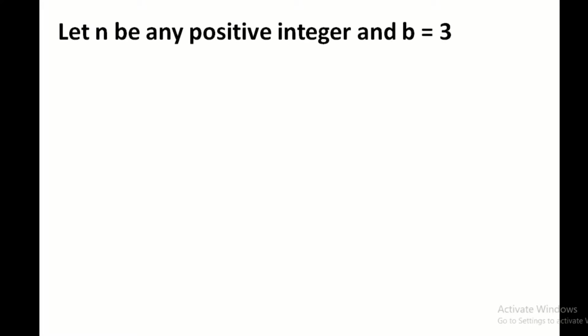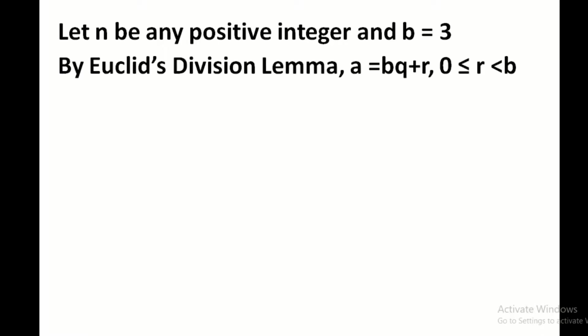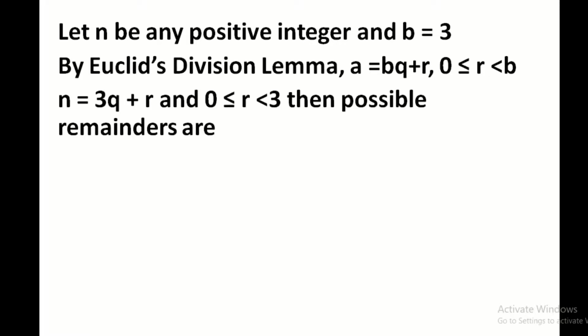Let n be any positive integer and b is equal to 3. By Euclid's division lemma, we can write n is equal to 3q plus r, where we have some conditions. Then the possible remainders are r equal to 0, r equal to 1, or r equal to 2.